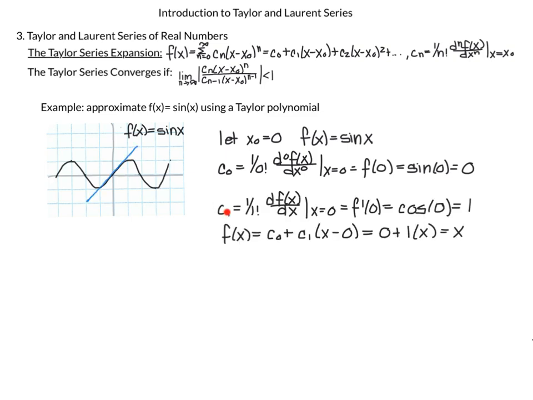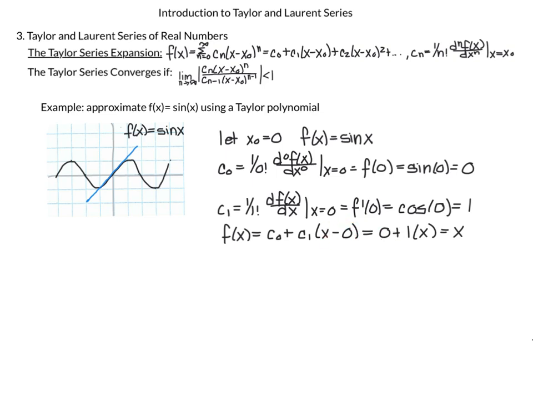Continuing on, c1, according to our formula, is going to be 1 over 1 factorial times the first derivative of f of x with respect to x, evaluated at 0. So this is f prime at 0. f, remember, is sine, so the derivative of sine is cosine, evaluated at 0 is equal to 1. So our next approximation of f of x is going to be c0, which is 0, plus c1 times x minus x naught, which is x minus 0.